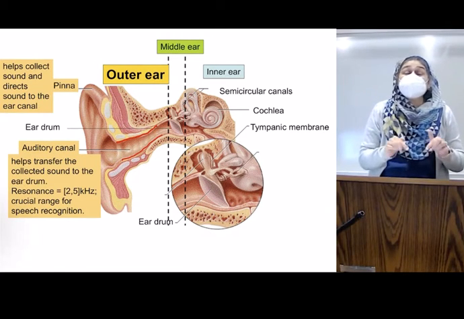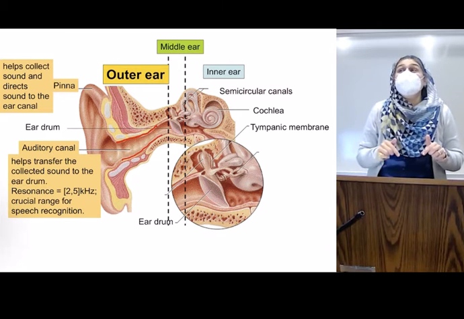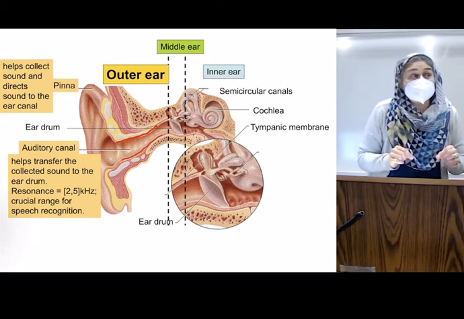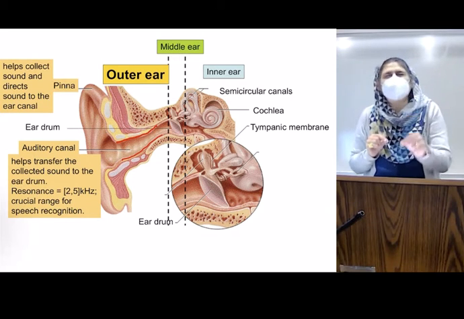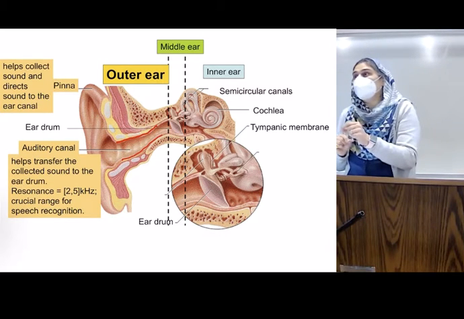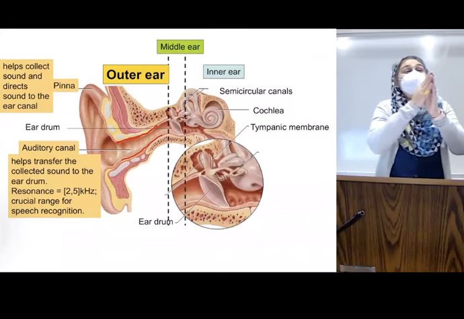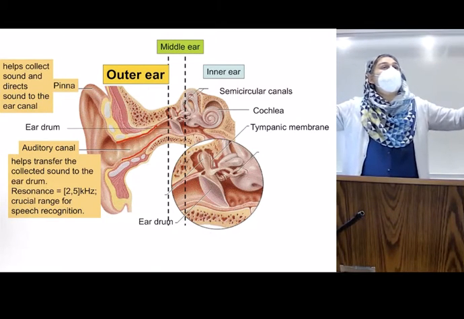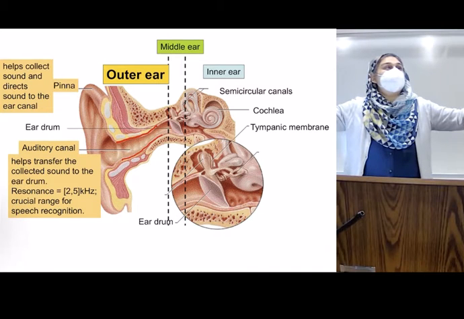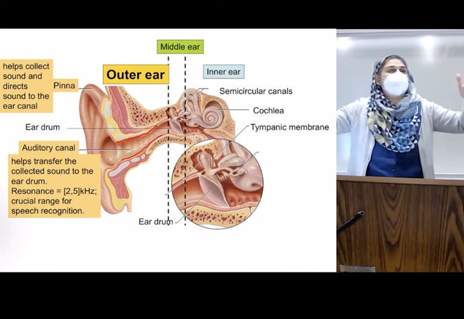This is a very special kind of canal, which doesn't have one resonance spot. It has a resonance range between 2,000 to 5,000 hertz. So basically it has a resonance for that range of hertz coming in. Fascinating.